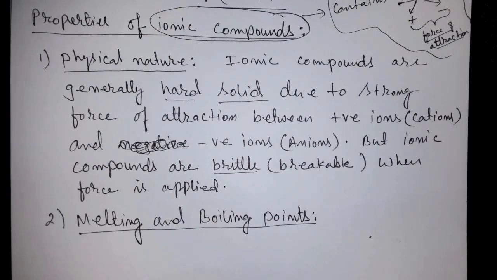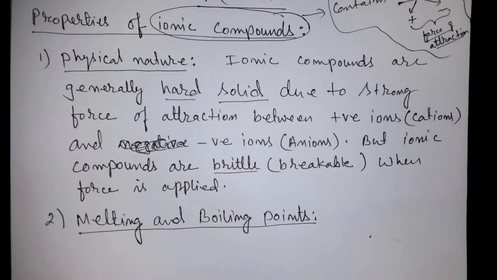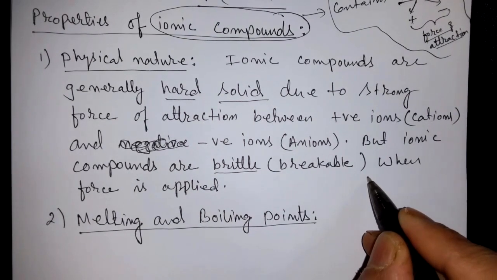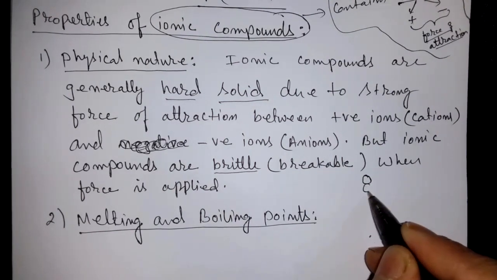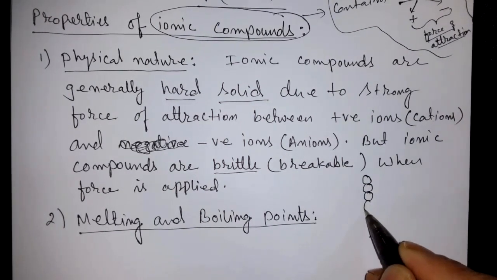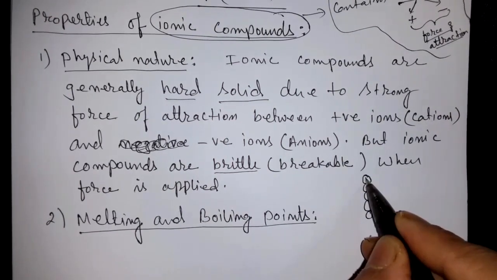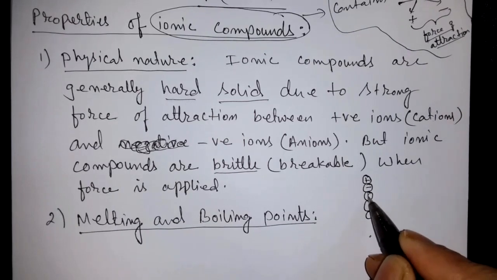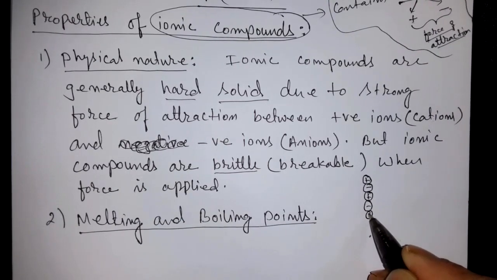Now, why will it break? It is not explained in the textbook, but some logic we can find. Suppose these are the atoms arranged like this. Suppose this is positive, negative, positive, negative, positive.